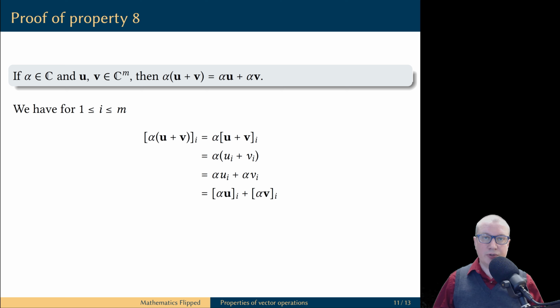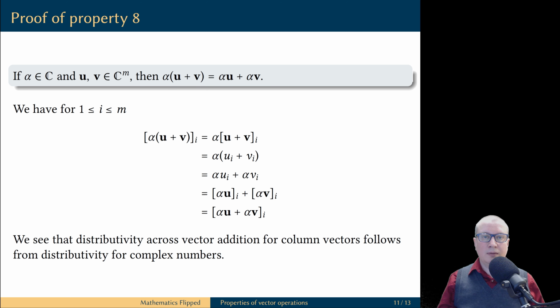First of all, we observe that by the definition of the operation of scalar multiplication, this is the ith component of the vector alpha u plus the ith component of the vector alpha v. Also, by the definition of the operation of vector addition, this is the ith component of the vector alpha u plus alpha v. This shows that the two vectors have identical components and therefore they're equal as vectors.